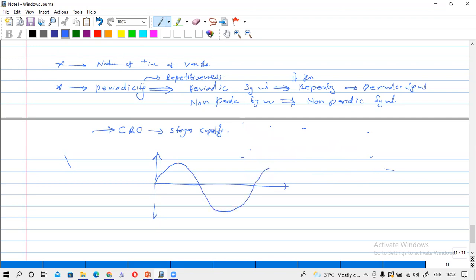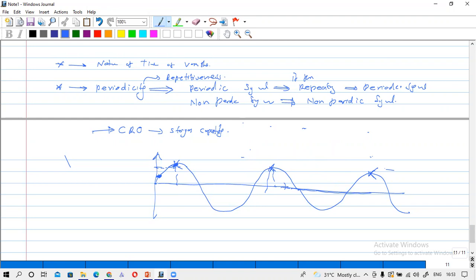a sine wave like this, you can see that some voltage value is here, and that voltage value is repeating after some time. Again, that voltage value is repeating after some time. Same as the other voltage values.